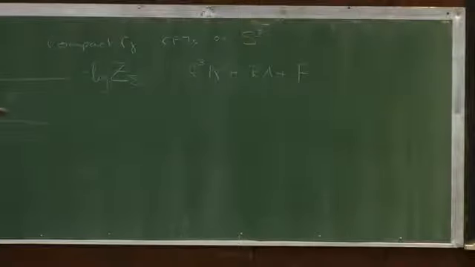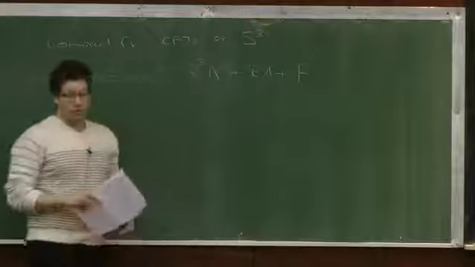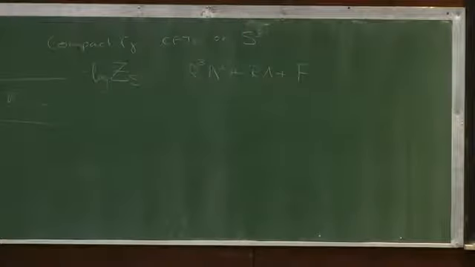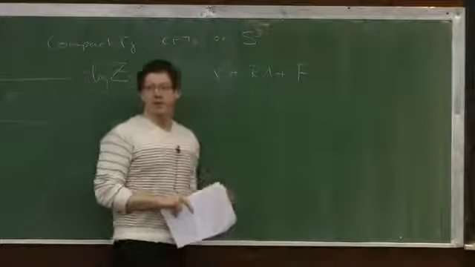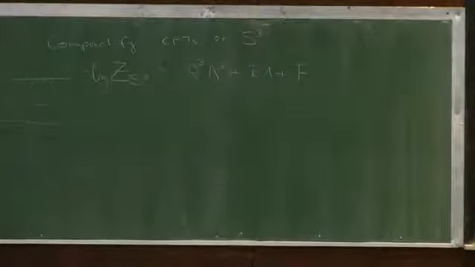These divergent terms can be cancelled by local counter terms, which are correspondingly the cosmological constant term and the Einstein-Hilbert term. While F cannot be cancelled by any local counter term, and F is a property of the continuum theory.